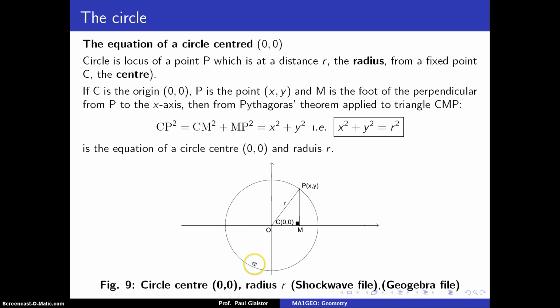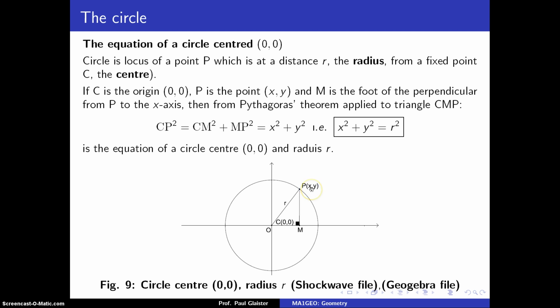a circle as shown. Now, in order to write down the equation for the circle, you just need to define P to be a point on the circle with general coordinates x, y as shown, and then of course in this right angle triangle we know that the hypotenuse squared, which is r squared, is the sum of the squares of the other two sides from Pythagoras' theorem.